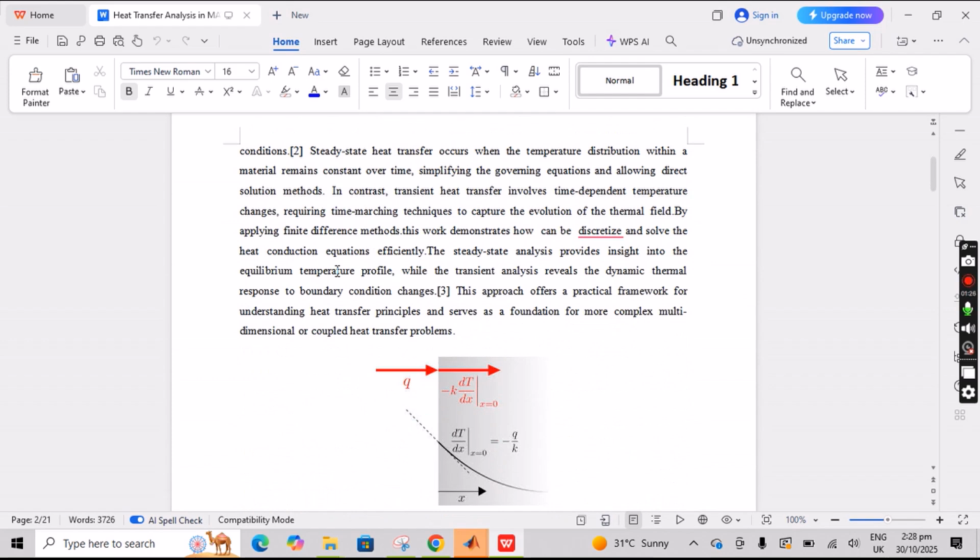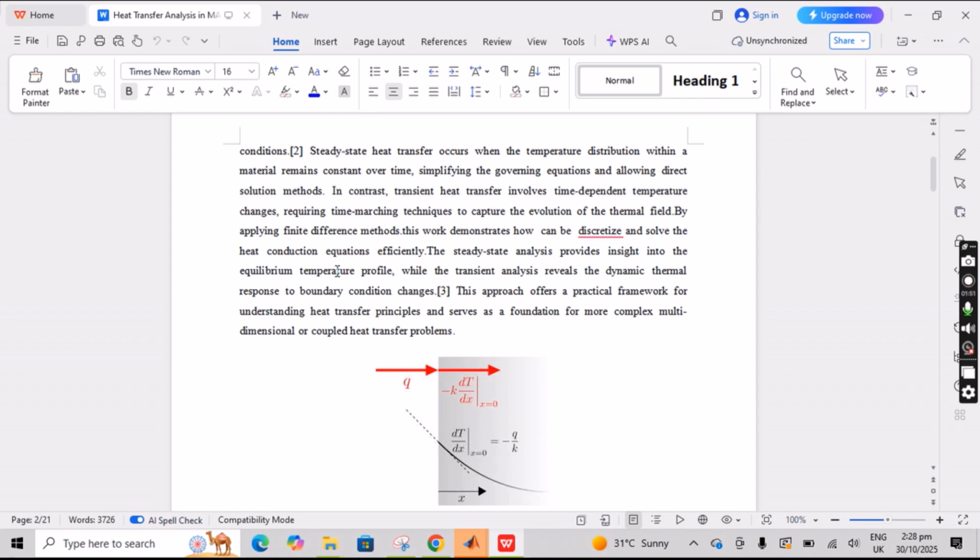In the introduction, I have also added how steady state transfer of temperature distribution within the material is constant, and over different times, how we can discretize and solve the heat conduction equations efficiently.